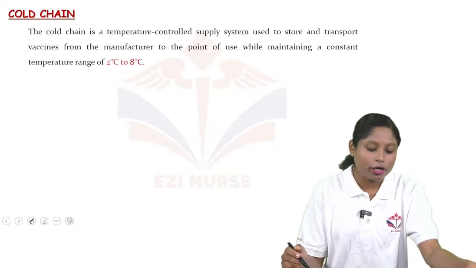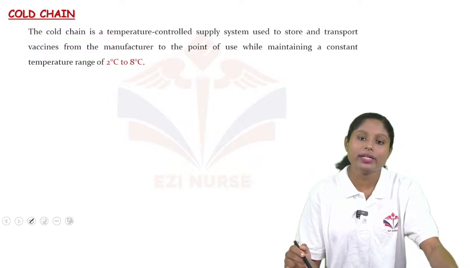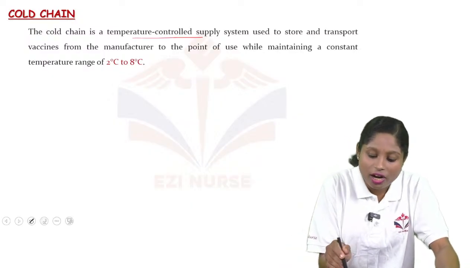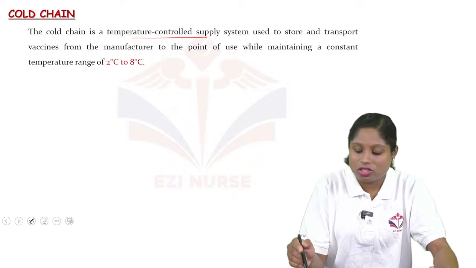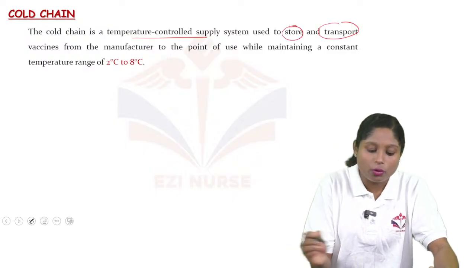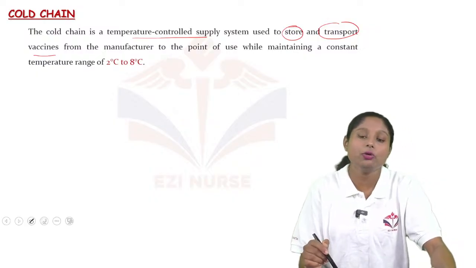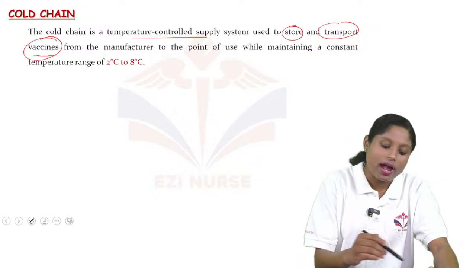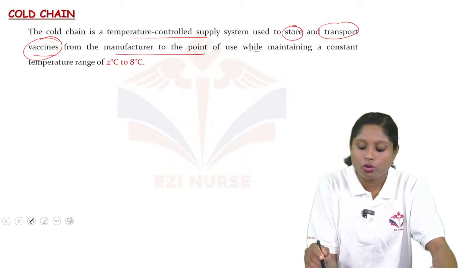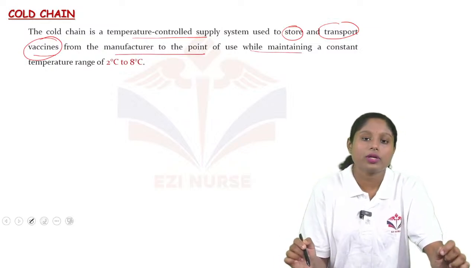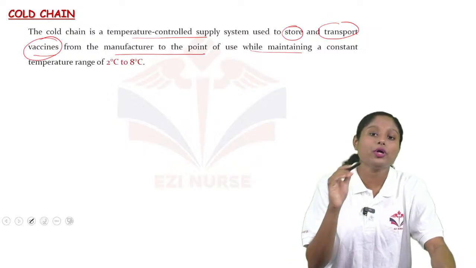So the next important topic is cold chain. So what is cold chain? It's a temperature-controlled supply system to store and transport vaccines from the manufacture point to the point of use.